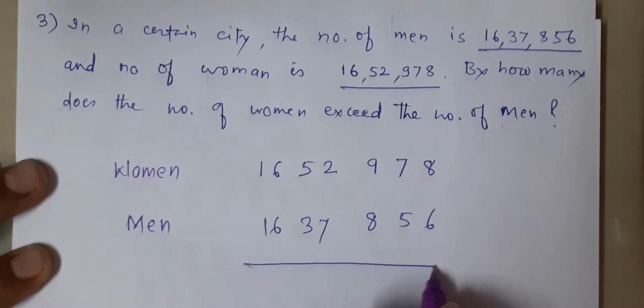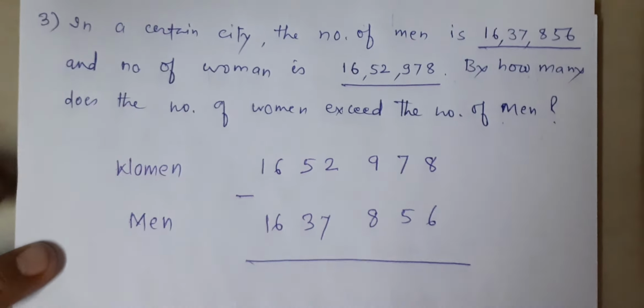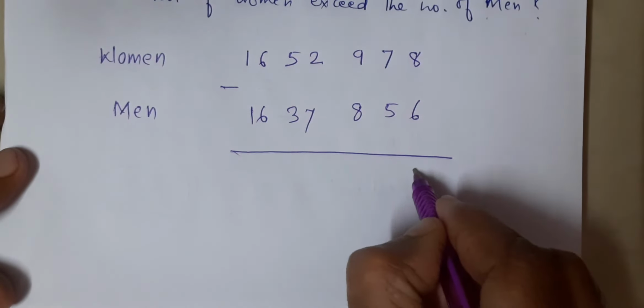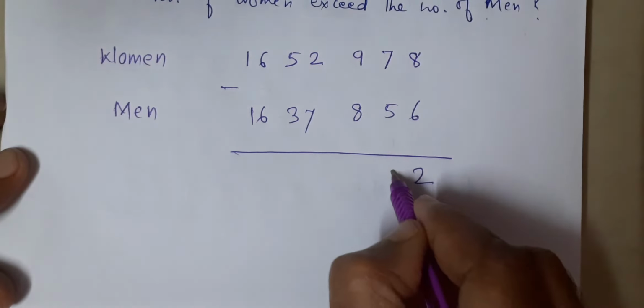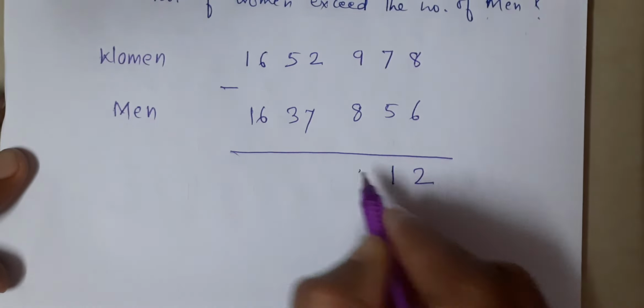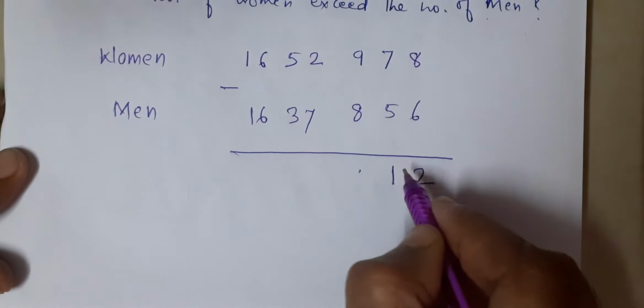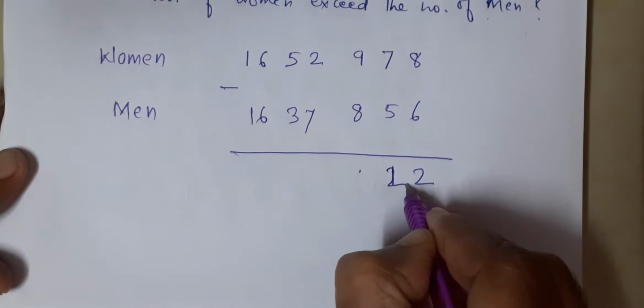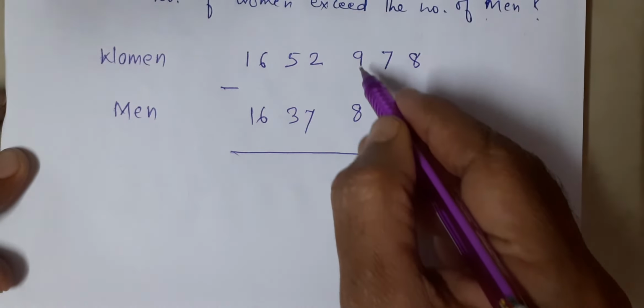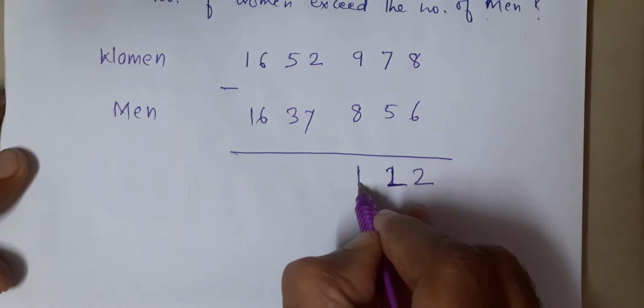So we have to make a subtraction here. While doing subtraction, 8 minus 6 is 2, 7 minus 5 is 2, 9 minus 8 is 1.